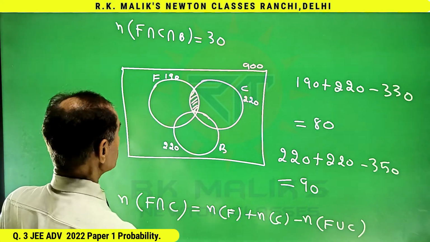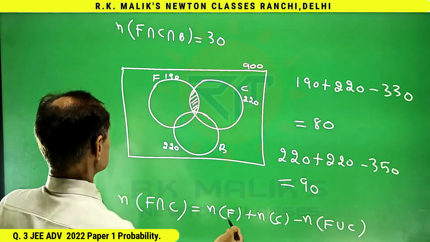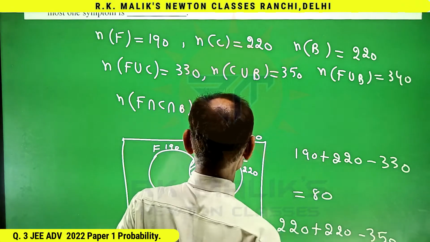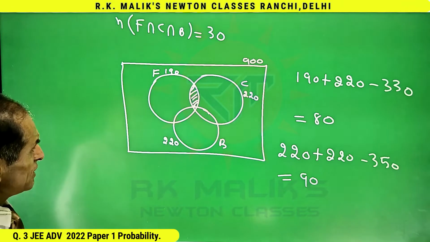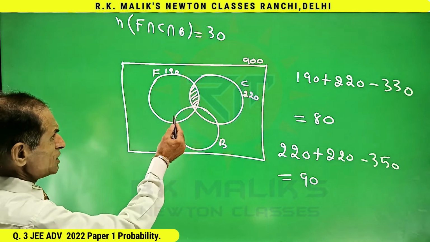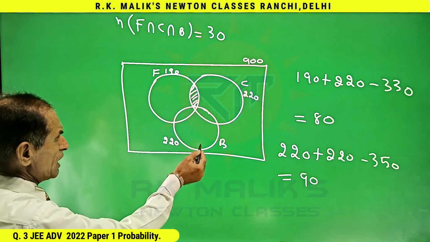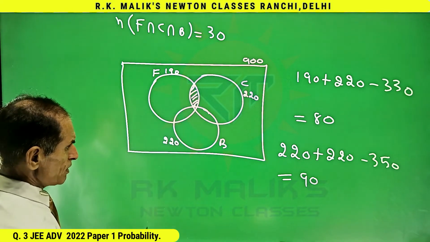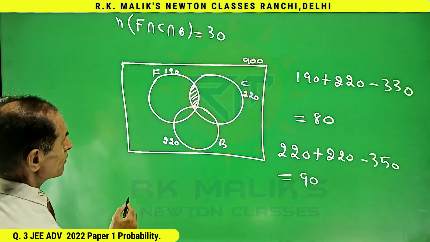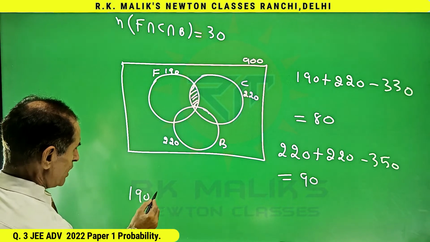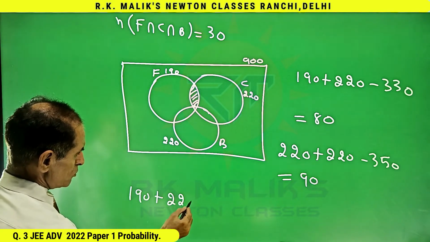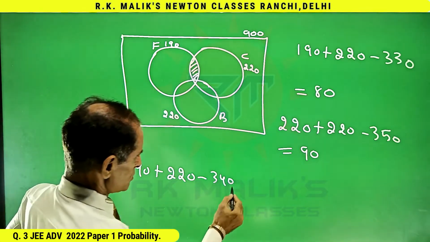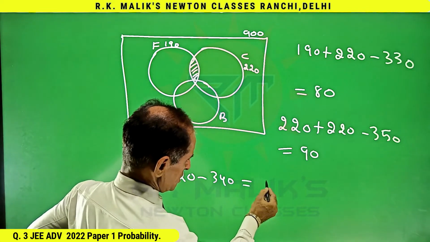Again keeping this formula in mind, and the information that N(F union B) equals 340, the common part of F and B will be containing 190 plus 220 minus 340. This is equal to 70.